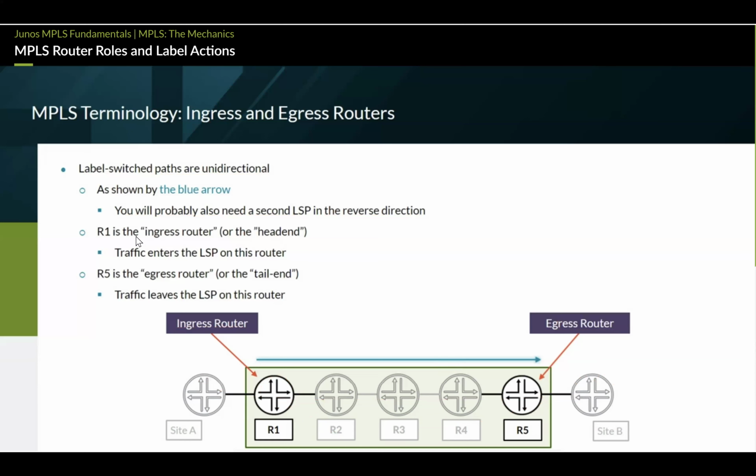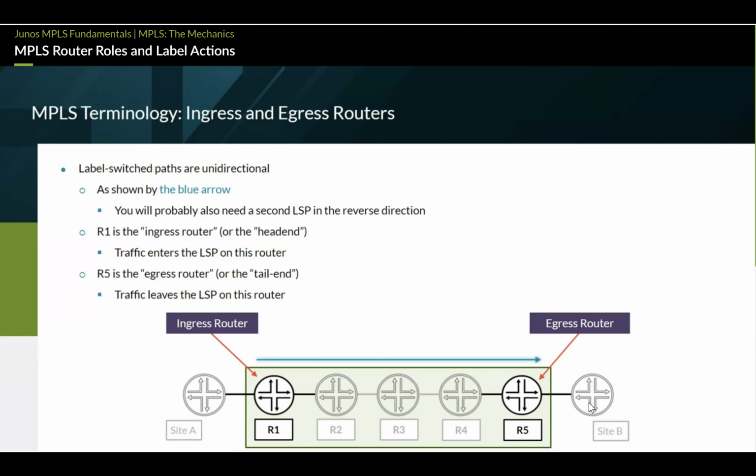Label paths are unidirectional. So R1 is the ingress router, or head end router. Traffic enters the LSP on this router. And R5 is the egress router, the exiting router, or you can say the tail end router. Traffic leaves the LSP on this router.